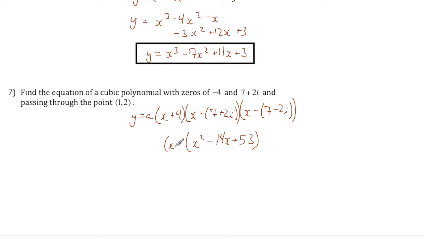And then we have the x plus 4 with our a in front, and we're going to distribute this through. So actually what we can do is this. We say y is equal to a, and distribute all this.